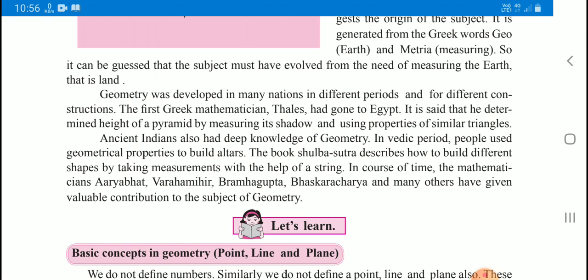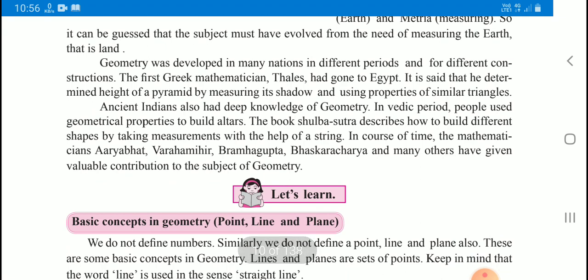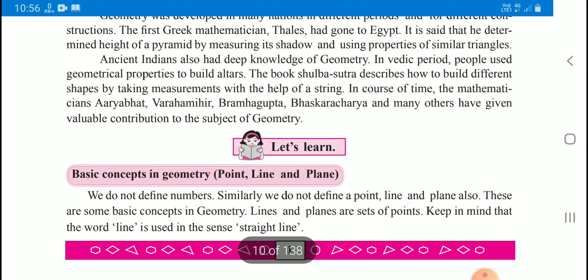The book Sulabha Sutra describes how to build different shapes by taking measurements with the help of a string. In course of time, the mathematicians Aryabhata, Varahamihira, Brahmagupta, Bhaskaracharya and many others have given valuable contributions to the subject of geometry.